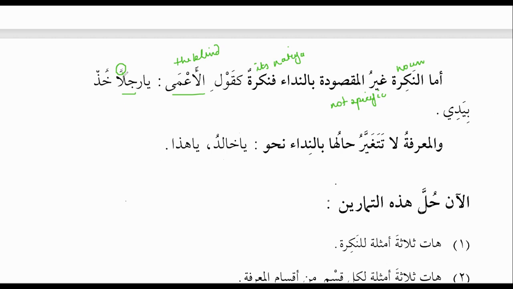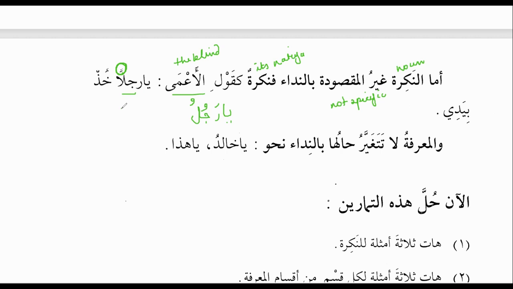And why is there a fatha here? Because here it's the rule fathatain, but it's a rule to show that the noun is a nakira. Before you saw in the example ya rajulu, it was ya rajulu, single dhamma. So these are the differences.